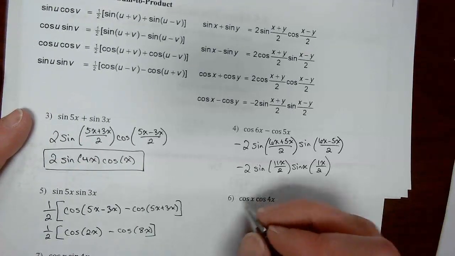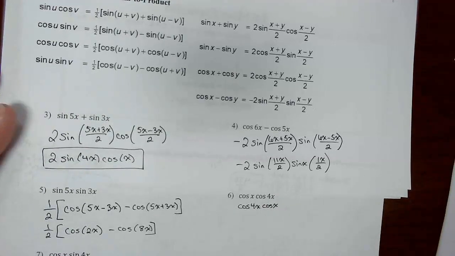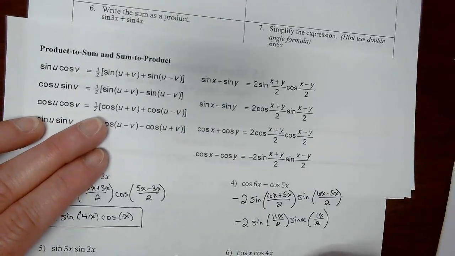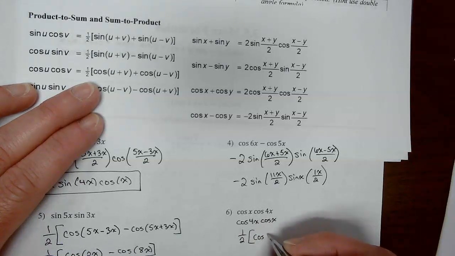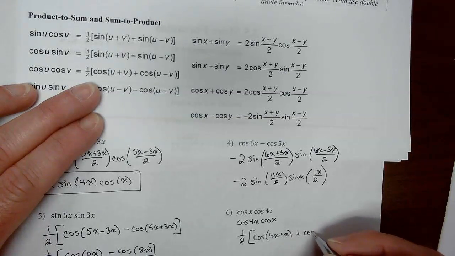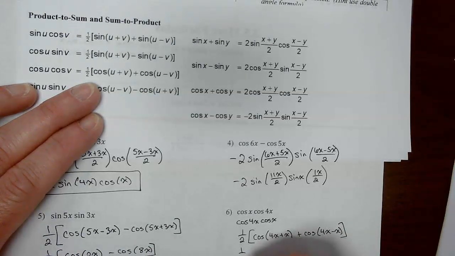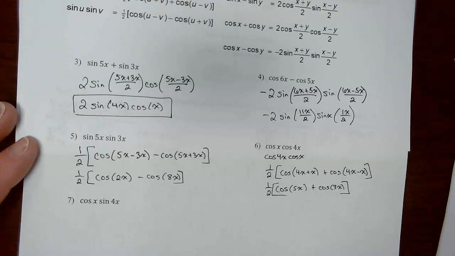Now this next one, I think it's easier to rewrite this because multiplication, you can write it in either order, but I like to have the bigger one in front. And cosine, cosine, there it is. It's going to be 1/2 cosine of u plus v, so 4x plus x, plus cosine of their difference, done.